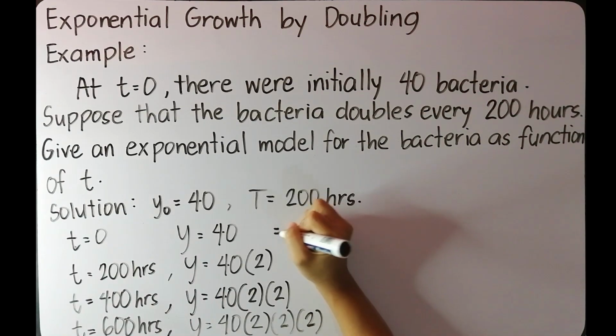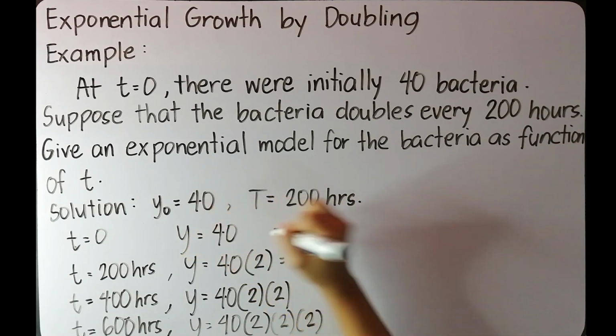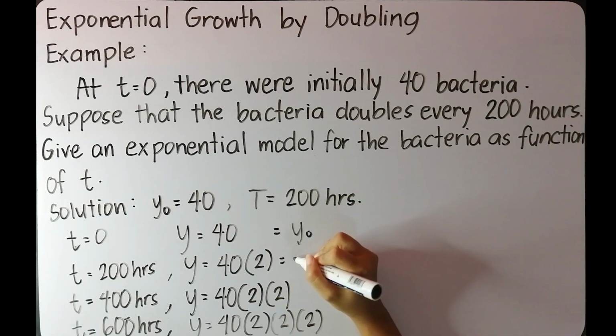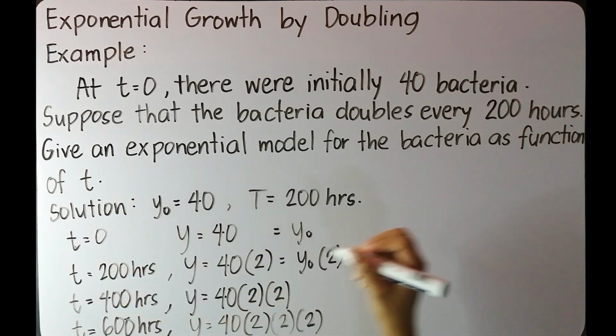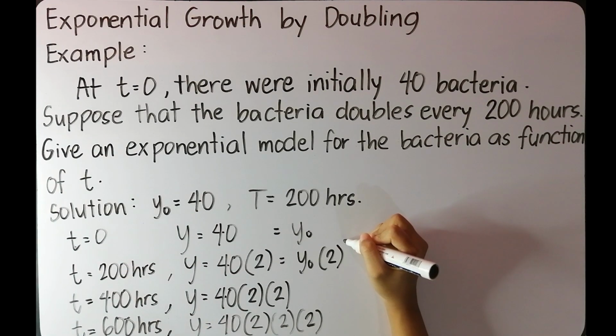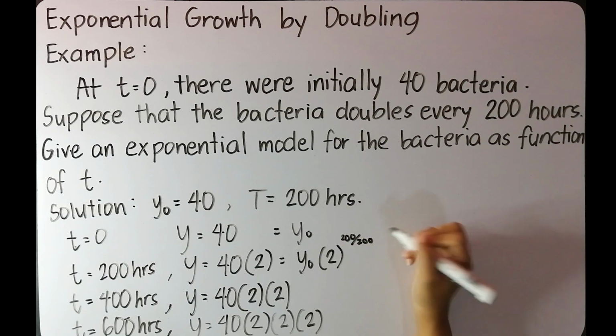If we simplify this, initially this is just y sub 0. Then this one is y sub 0 times 2, where the t is 200 divided by 200, so that is just 1.